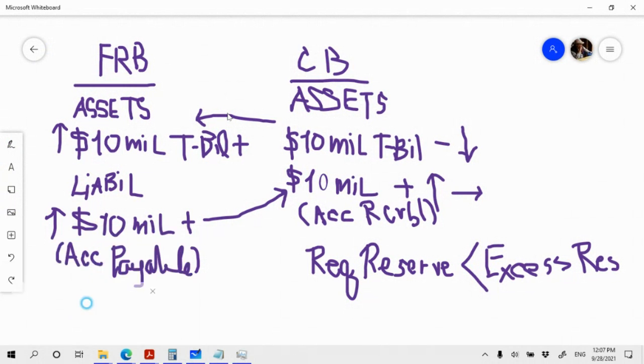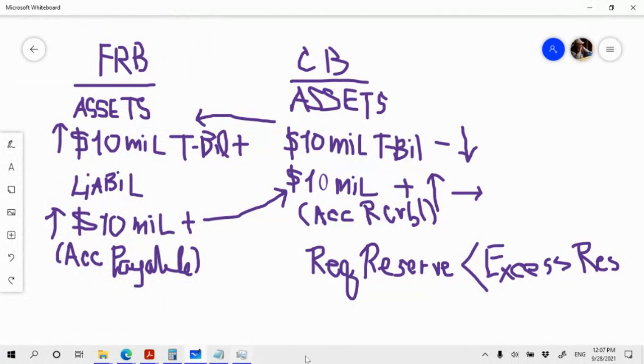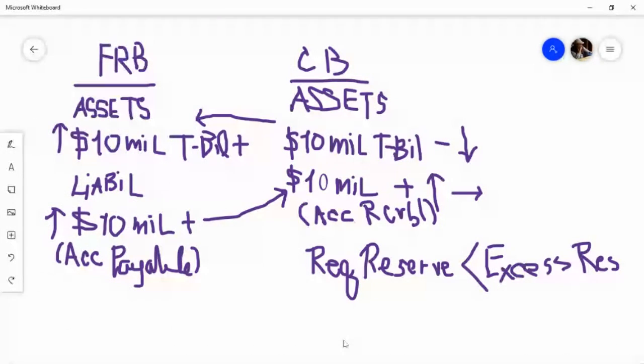And then think about it. We talked about this. Interest rate is also a kind of price, isn't it?